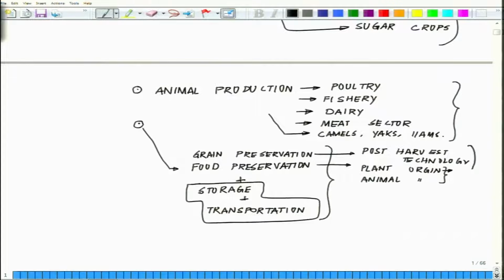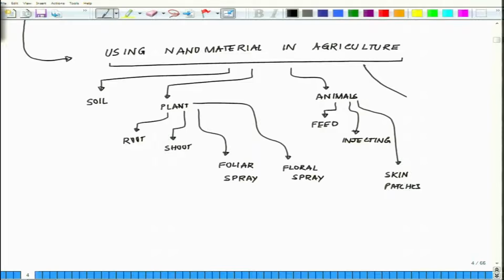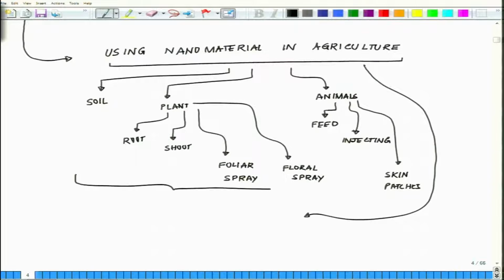And now coming to the post-harvest technology, which is very critical, because this is where the food which is getting processed out of it from all these different sources are combining. So this is for the post-harvest technology.